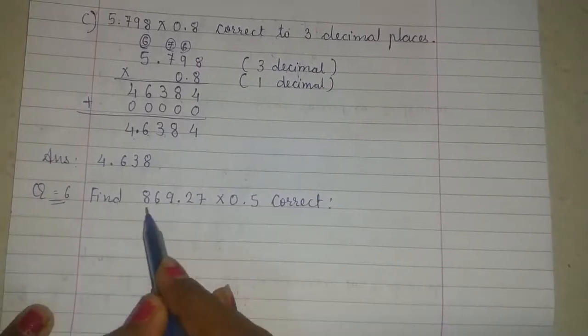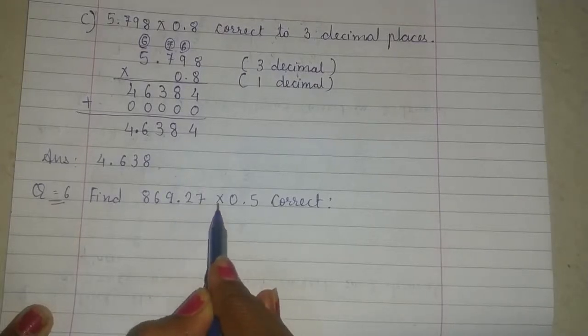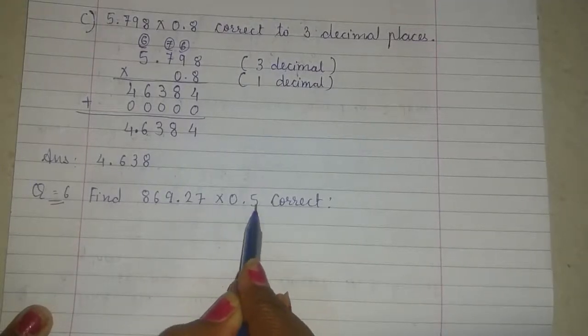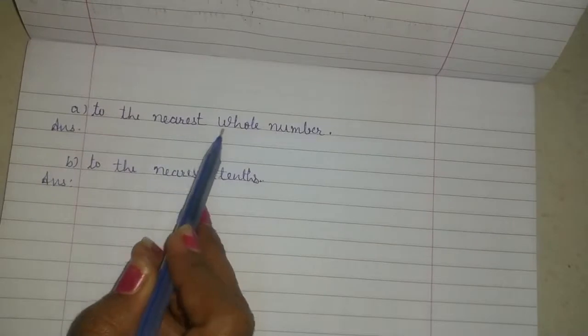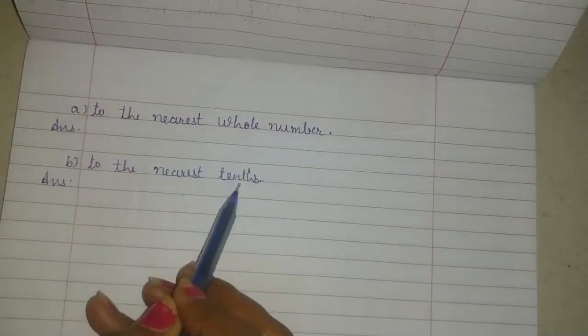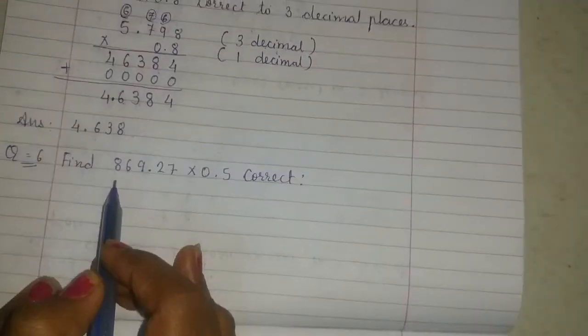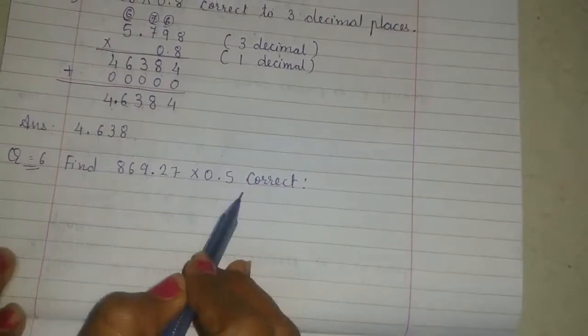Now students, let's start question number 6. Find 869.27 multiply by 0.5 correct to the nearest whole number and to the nearest tenth. Okay, now students, first for this we will do multiplication of this number.